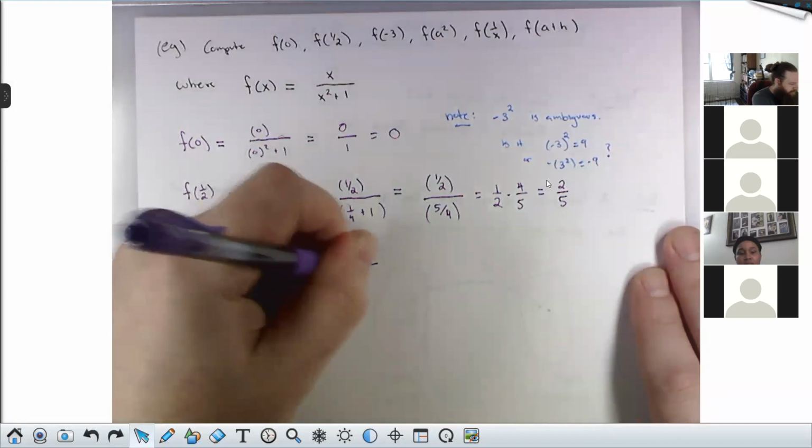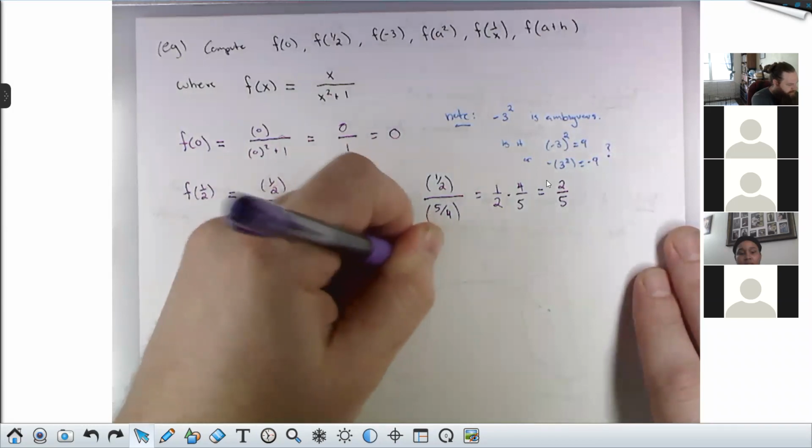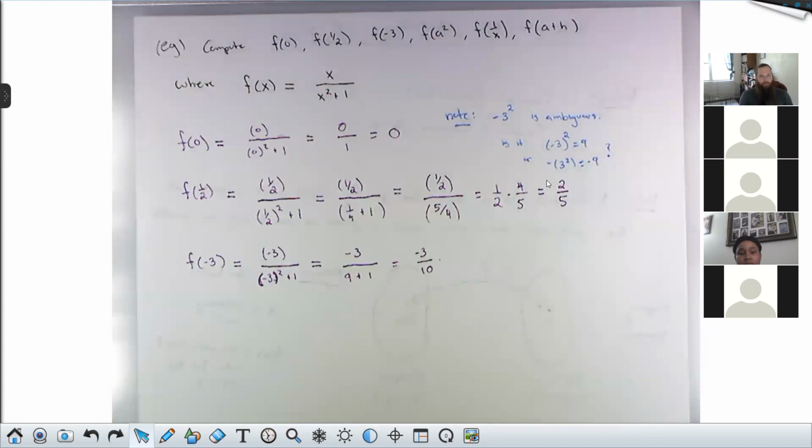So that's 9 plus 1 downstairs. And that means this is -3/10. You see what a big difference that would make. If I just wrote this down here, we're either going to get -3/10 out, or we're going to get +3/8 out. And that's a pretty big difference.